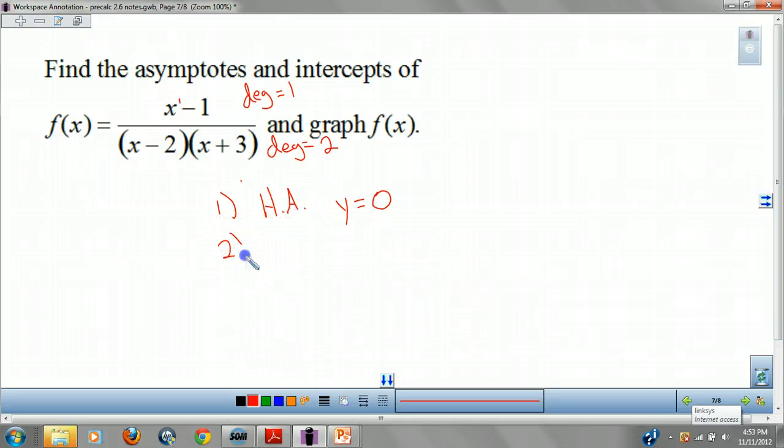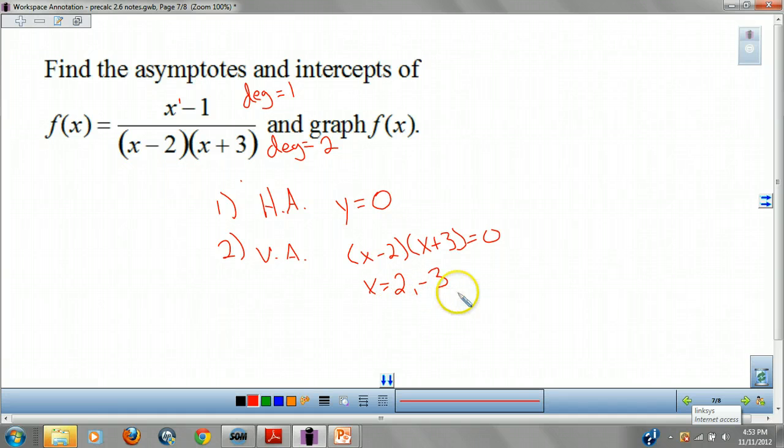So done. Now vertical asymptote, remember we set the bottom equal to 0. So our vertical asymptotes are x equals 2 and negative 3.